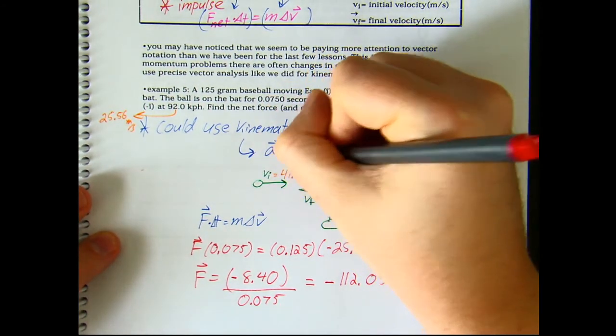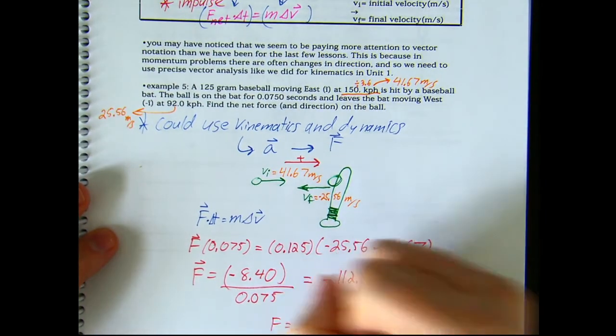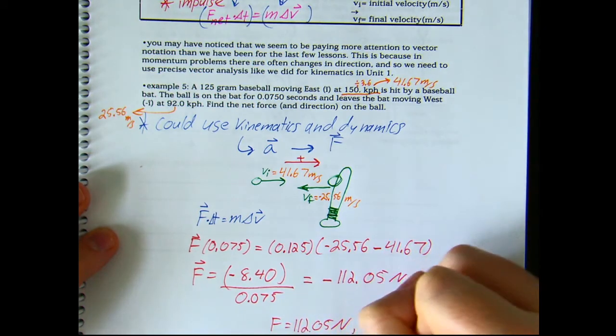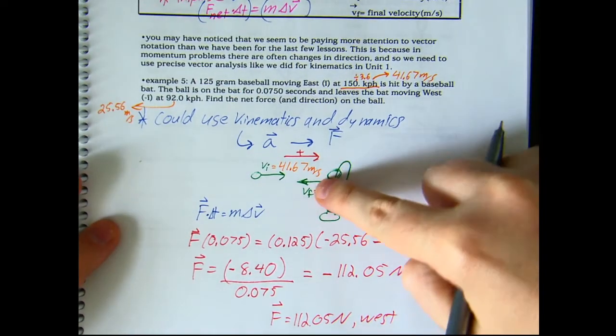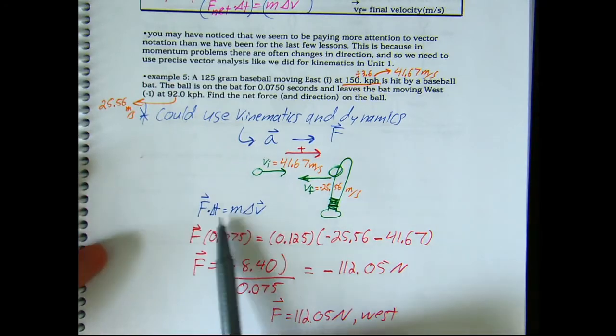We called that way positive. So this force is about 112.05 newtons west. Forces are vectors. They need to have directions, just like we use for the velocities here. So again, we could use kinematics and dynamics, or we can use this idea of impulse here.